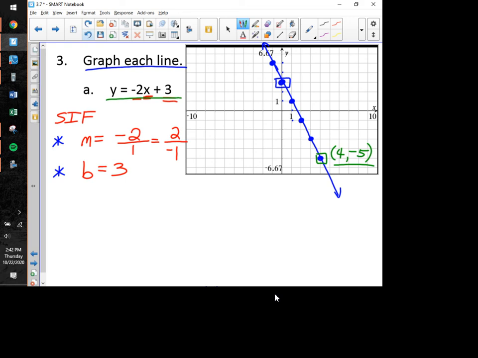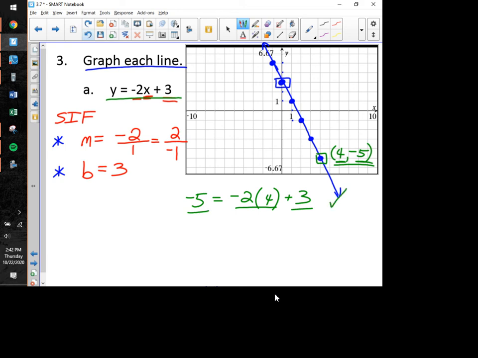Y equals -2x plus 3. Well, at this point, our y coordinate is -5. So that's y. That equals -2, our slope, times our x coordinate of 4, and then a plus 3 at the end of that. Let's see if that's a true statement. -2 times 4 is -8. -8 plus 3, yep, equals -5.